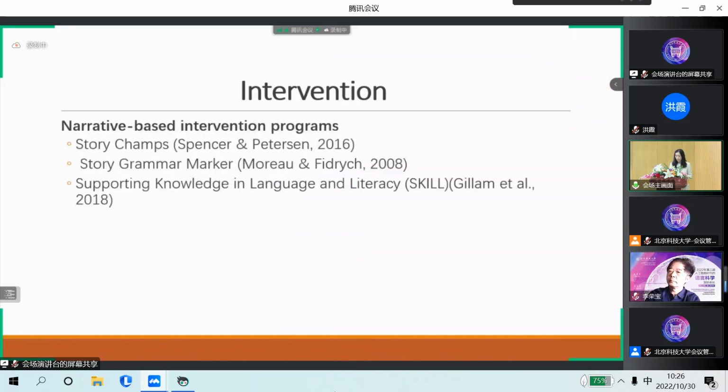Previous research has also established a lot of different narrative-based intervention programs, including Story Champs, Story Grammar Markers, and Supporting Knowledge in Language and Literacy, which we call the SKILL program.